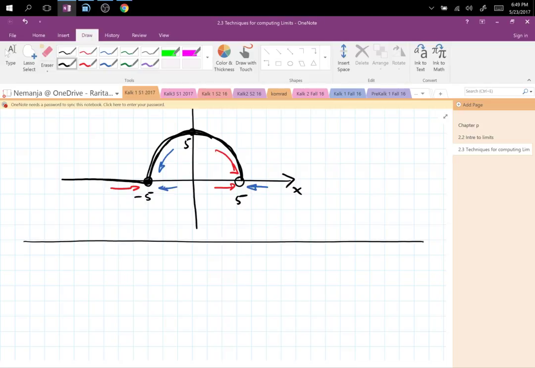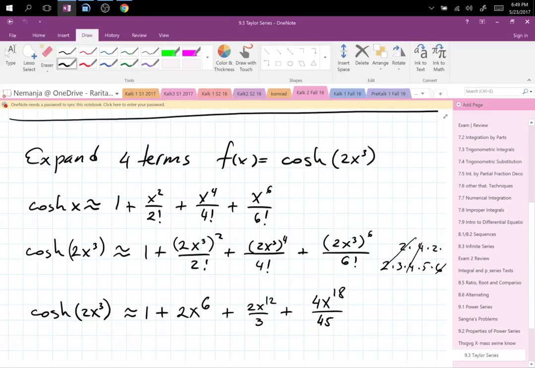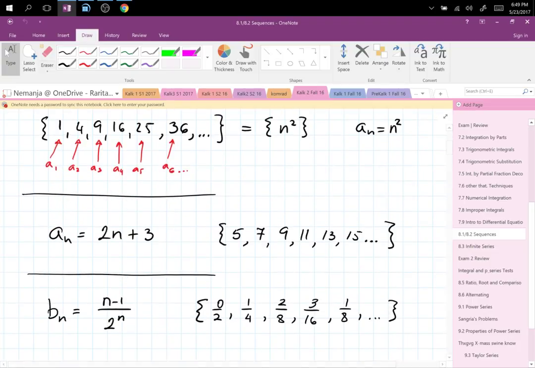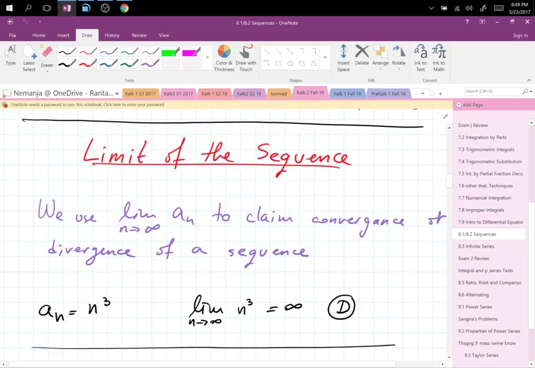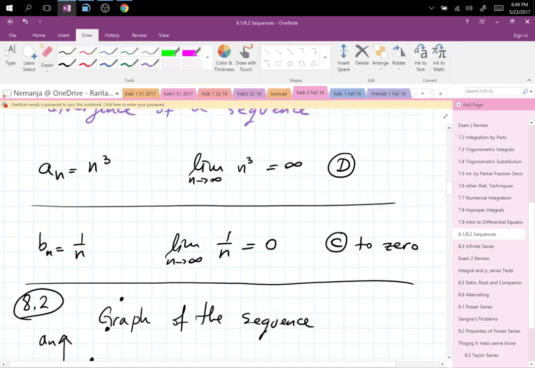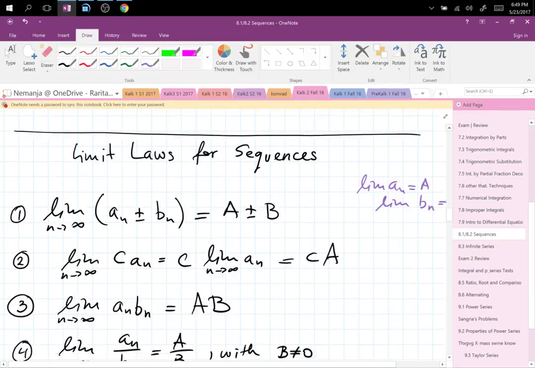Okay. You know what? We're gonna take a second break to jump into Calc 2. 8.1. Look at this. Wait for it. And now look, every single problem: limit, limit, limit, limit.